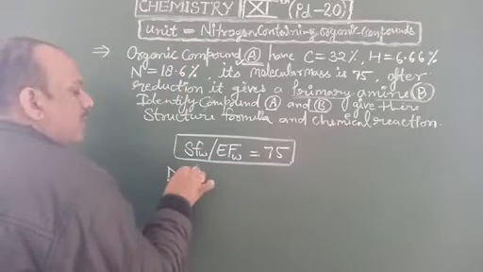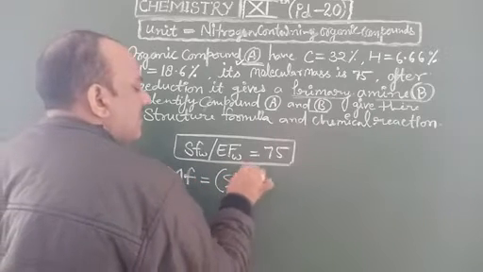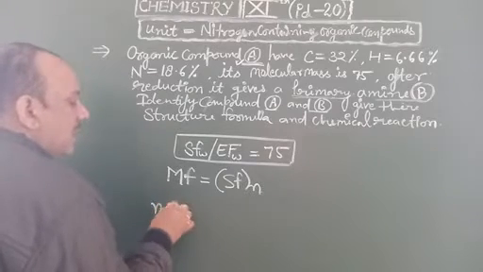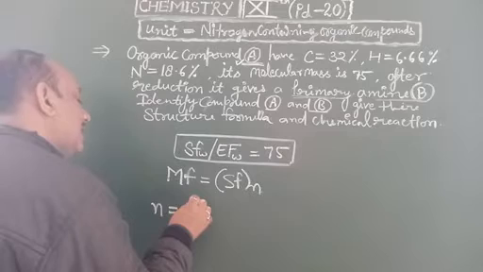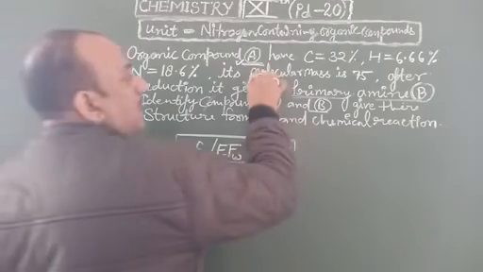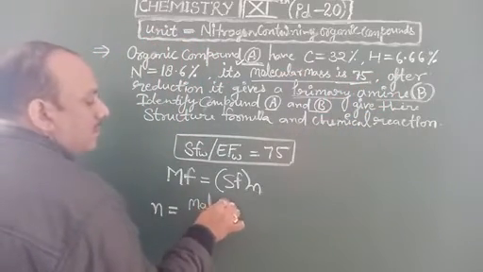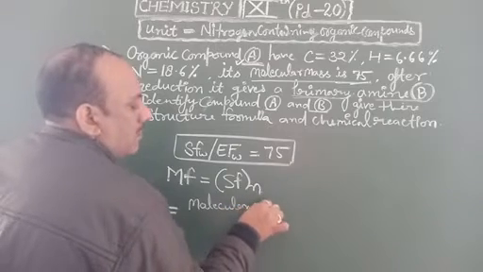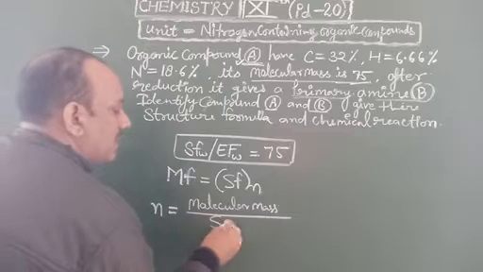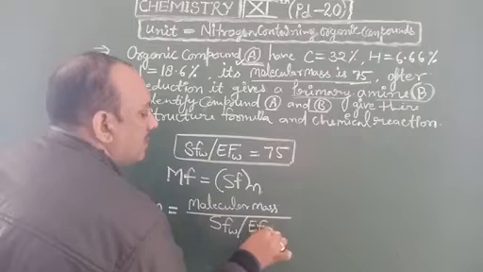And molecular formula MF equals SF whole taken n. For the formula, n equals molecular weight, or molecular mass, which is given in this question, upon simple formula weight, also denoted by SFW or EFW.